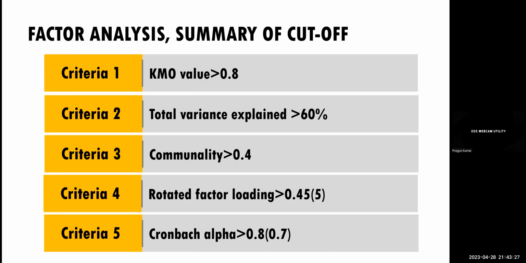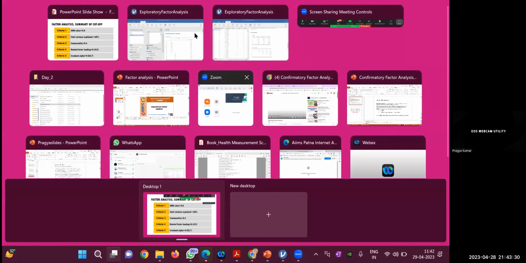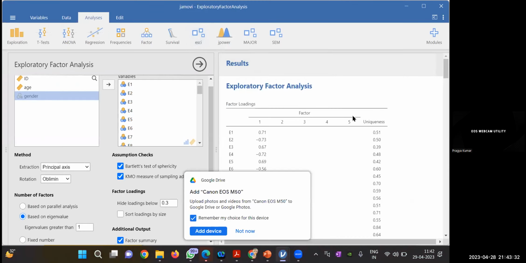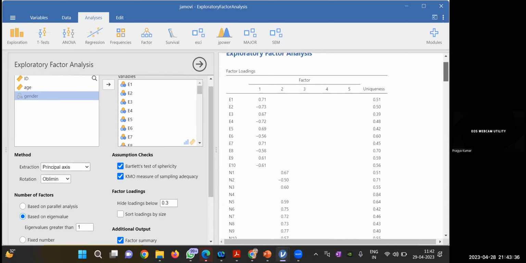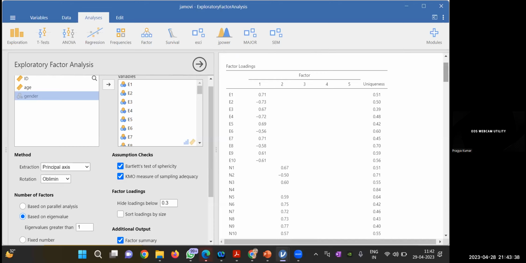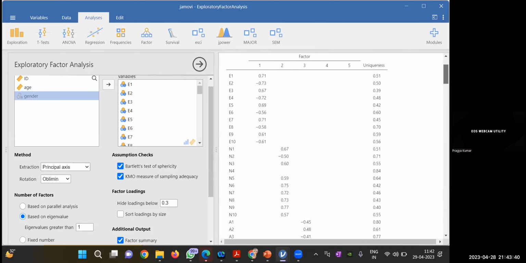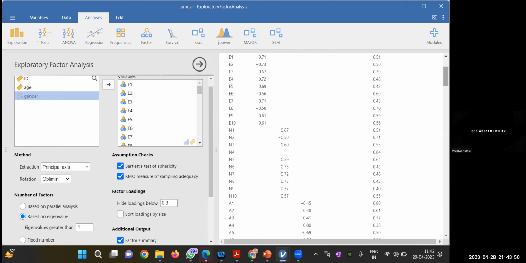Now I'll again come back. And this one. So coming to this, if you see the uniqueness, what is the uniqueness of this? It is 39. So in this case, we said that communality should be more than 0.4. So what is the communality, or we can talk about the error also.